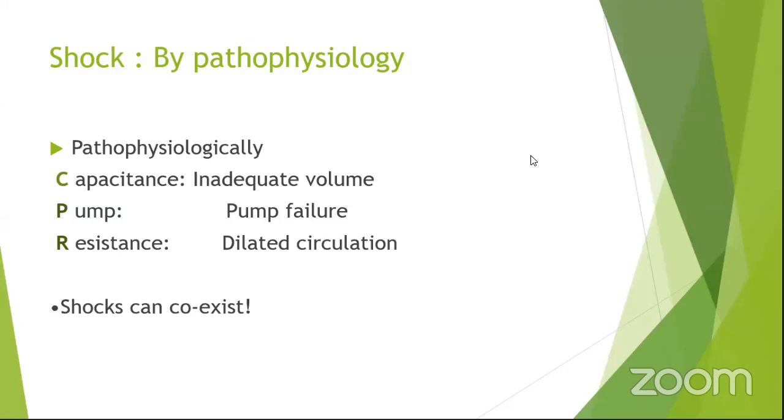If the patient has heart failure, there is pump failure, whatever the cause. Like in COVID-19, they might develop cardiac failure secondary to sepsis, or secondary to myocarditis. Resistance is the dilated circulation.